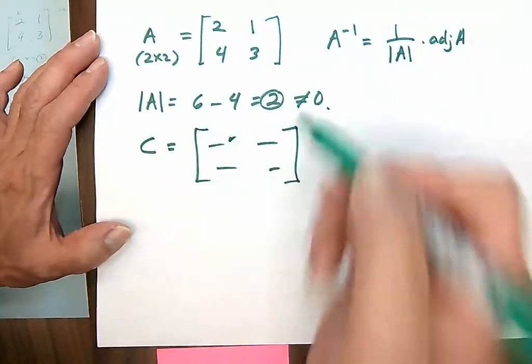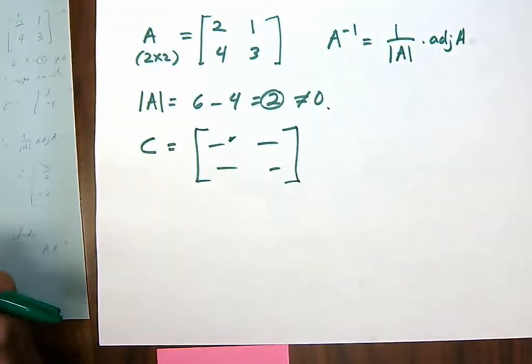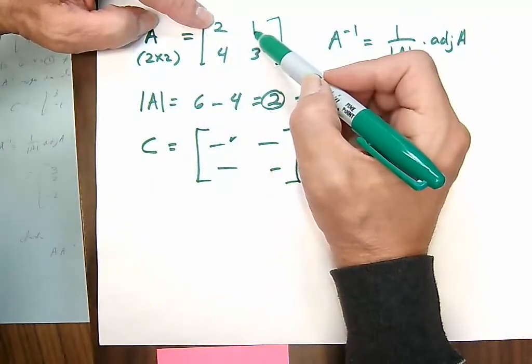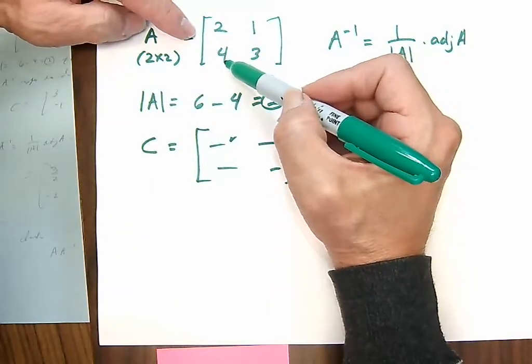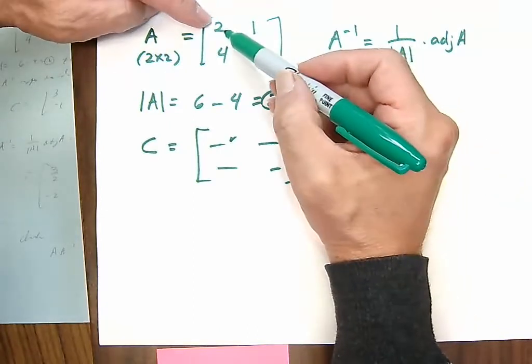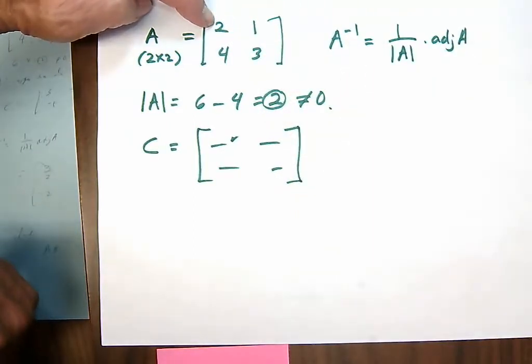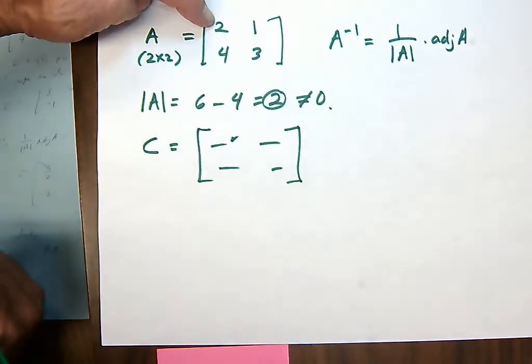Okay, let's get this first element in the cofactor matrix. Remember the elements of the A matrix are A11, A12, A21, and A22. So how do we find the cofactor of this first element in the A matrix, the cofactor of element A11? We first of all need to find the minor of element A11.